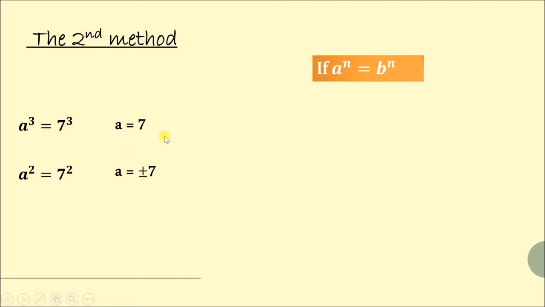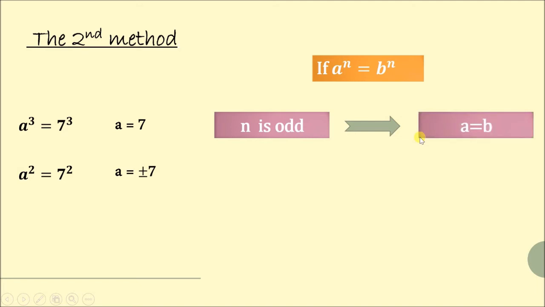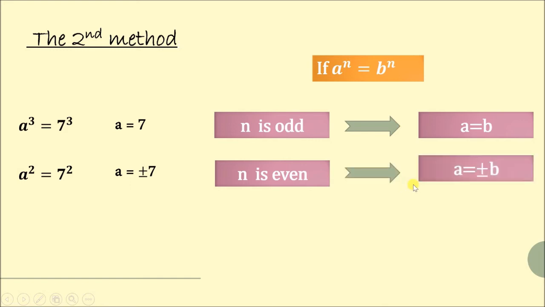Yes, it makes a big difference, because if the power is an odd number, then the base equals the base. And if the power is an even number, I get the base equal to positive or negative 7, because I know that negative 7 to the power 2 will equal 7 to the power 2, because the power is even, as we remembered.